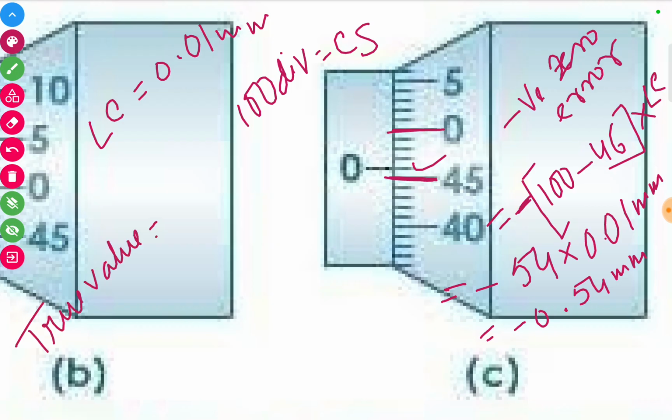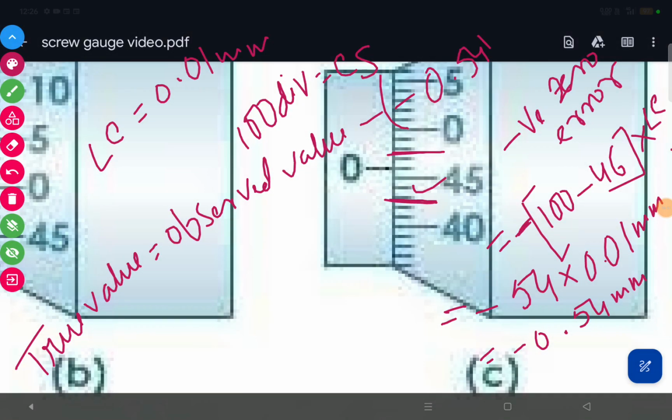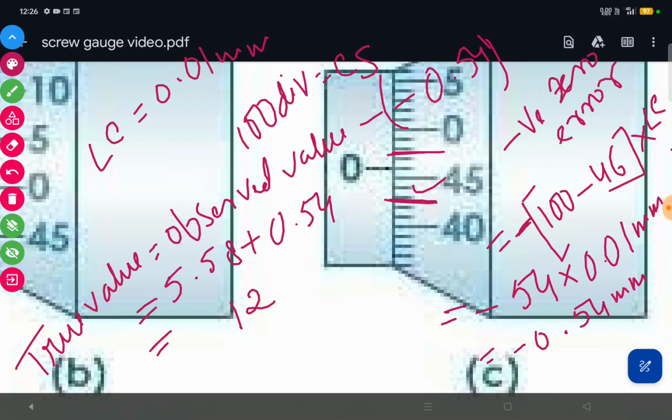Now what will be the true value? The true value is the observed value minus the negative zero error, with the sign, minus 0.54. The observed value was 5.58 plus 0.54, which comes out to be 6.12 millimeter.